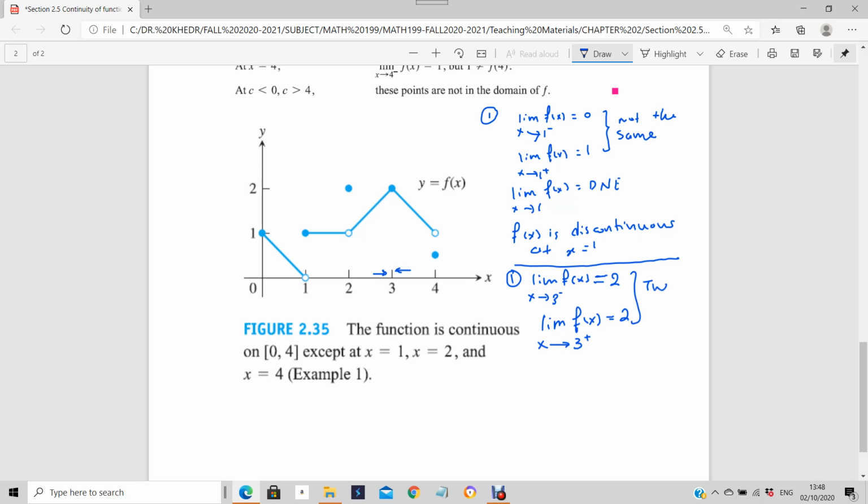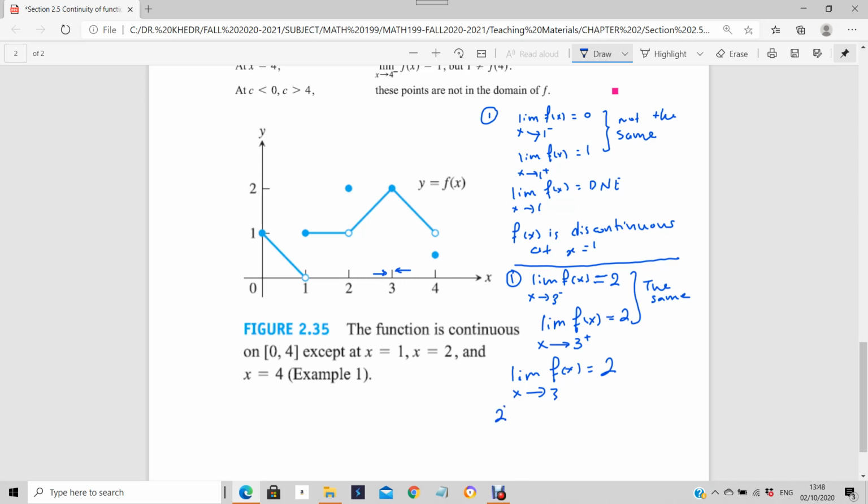They are equivalent. Hence, the limit of f of x as x goes to 3 is equivalent also to 2, because the two-sided limits are equivalent to 2. So the first condition is met.